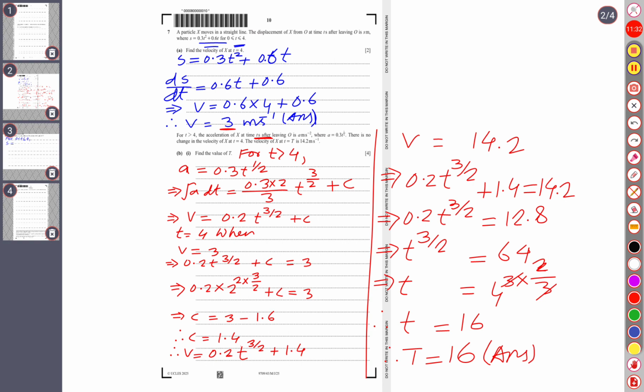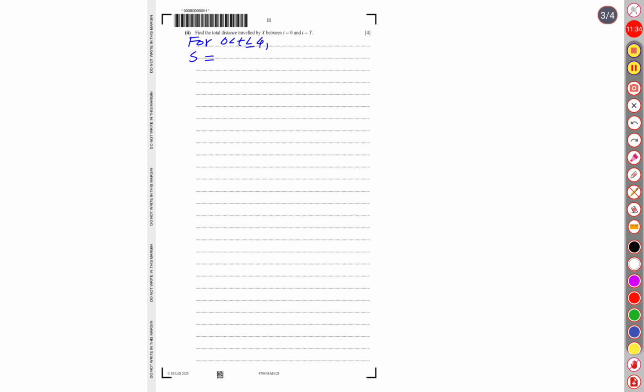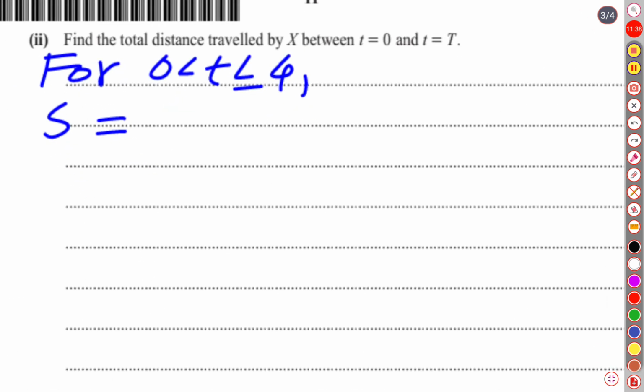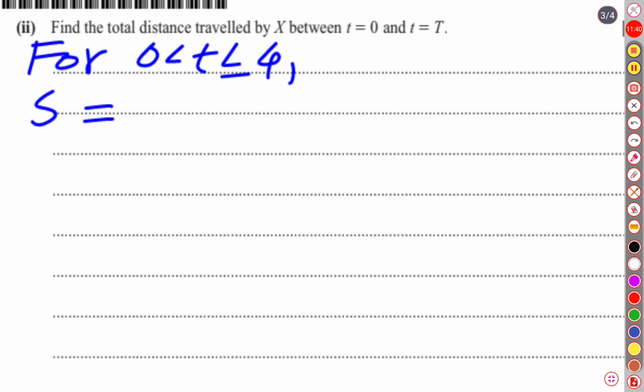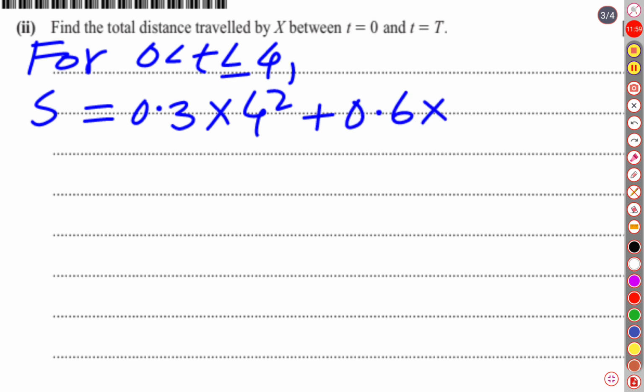So 0.3 t square, and our t, the time, is actually 4 seconds. So 4 square, plus 0.6 into t, t is 4 seconds.